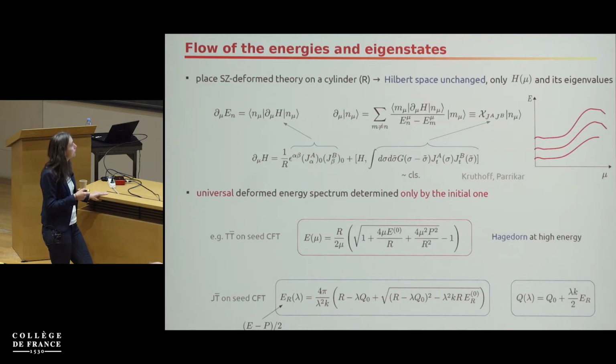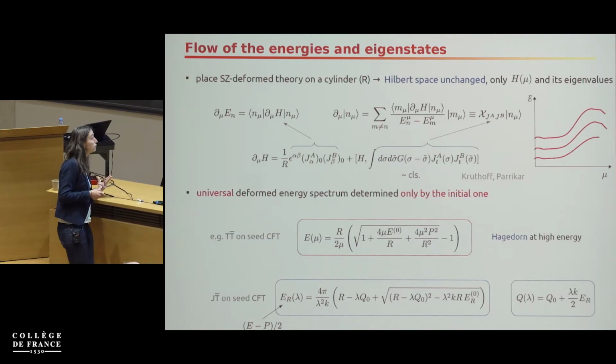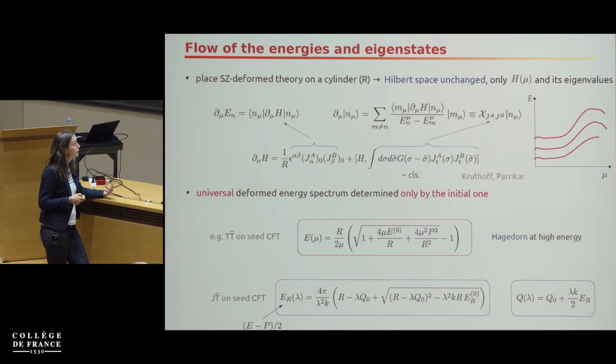I don't have time to review any of the many nice properties of these theories, but I'll tell you something that will be useful later. As I said, one of the nicest observables to compute in these theories is the finite size spectrum. How do you get that? You put the theory on a cylinder, so you just have some quantum mechanical theory with a discrete spectrum.